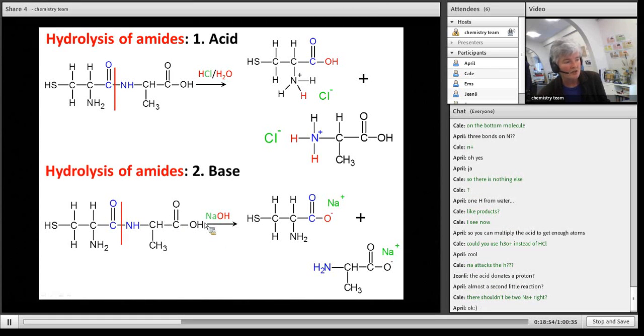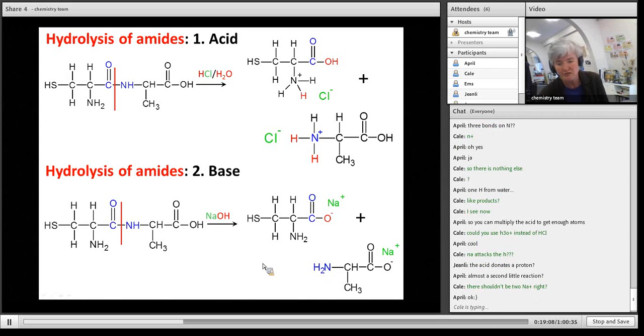This automatically reacts with base as well, and so that H gets extracted, forming water. And then this acts as a base and grabs hydrogen from the mixture, from the water. So we have these acid-base reactions happening while we're doing the hydrolysis.